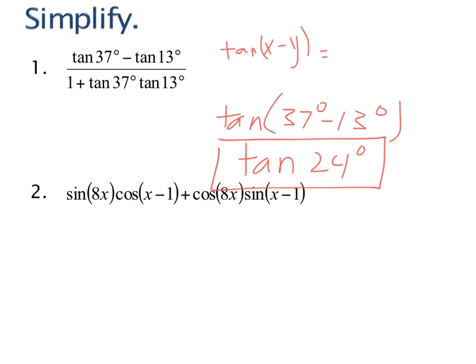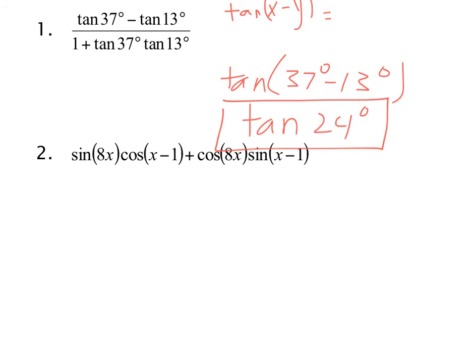Now if we look at this second one, the first thing that I notice is that it's sine, cosine, and then it's cosine, sine. That gives us kind of the dead giveaway, since they flip like that, that it's going to be a sine. Okay, and we talked about how the sine stays the same. So this is going to be sine of the first one plus the second one.